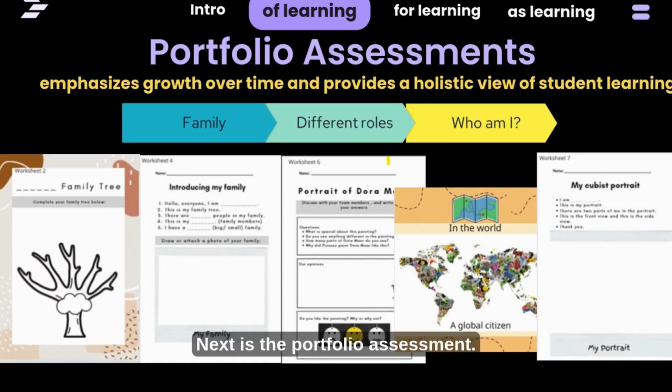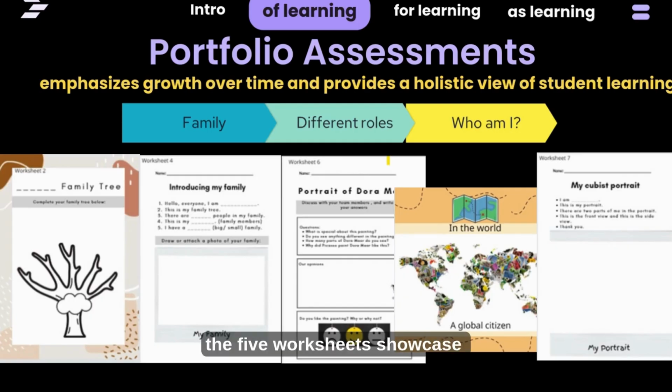Here is a portfolio assessment. Portfolio assessments are a powerful tool that highlights students' growth over time, offering more than just a snapshot of learning. By compiling work samples, personal reflections, and the teacher's feedback over weeks or months, they present a rich, holistic view of students' educational journey.